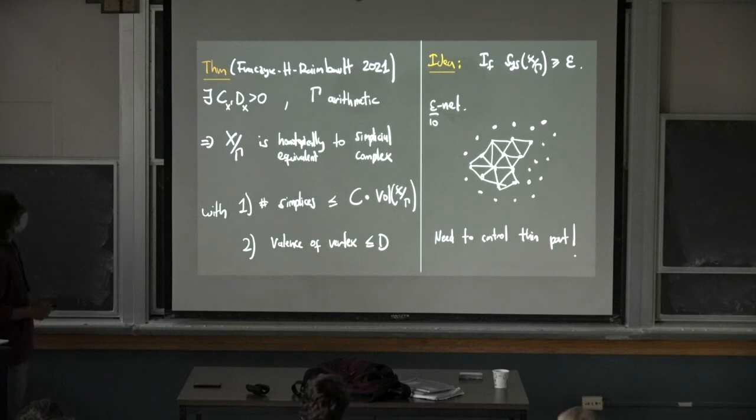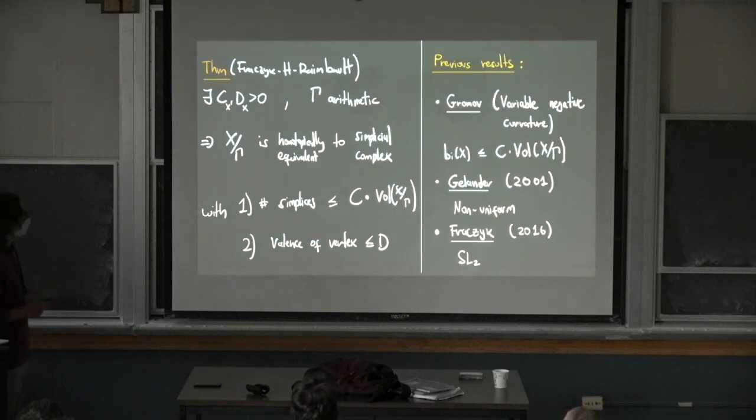The first remark is maybe some previous results. Something that Gromov proved is related to this: in variable negative curvature, where you assume the curvature is between 0 and -1, the Betti numbers are bounded by the volume.